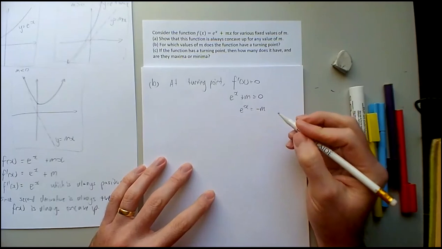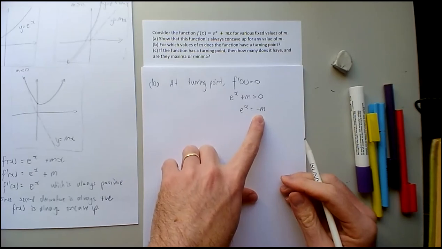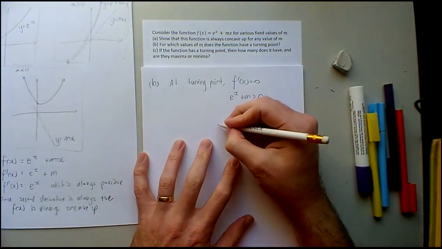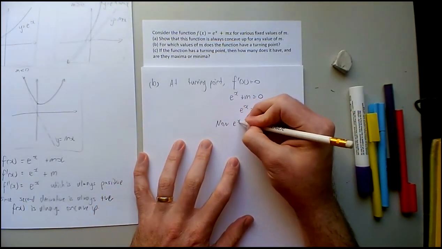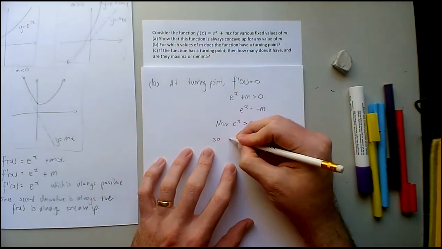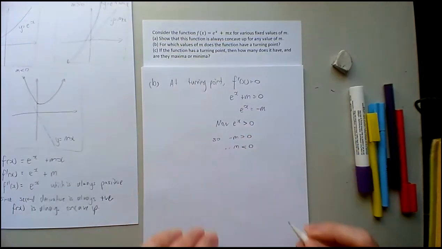And so, all right, well, that's only going to have a solution if m is negative, because e to the power of x can't be negative. Now, e to the power of x is definitely positive. So minus m is positive. So therefore m has to be less than 0.